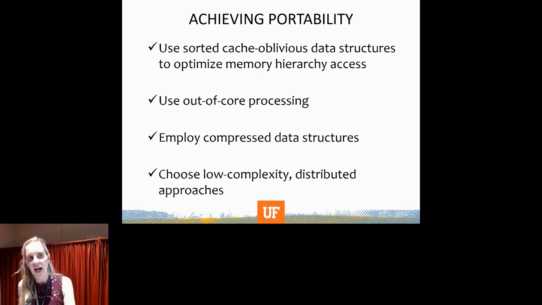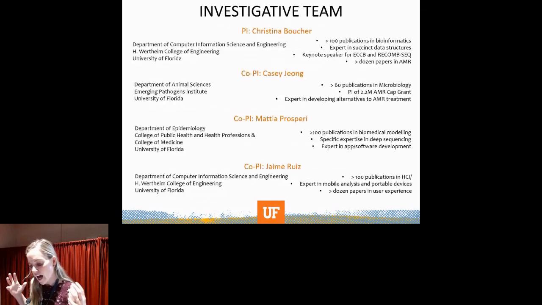So what we wanted to deliver was not just some algorithms, but a holistic solution that would enable somebody to go to a remote area of the United States and identify antimicrobial resistant bacteria. That was our goal.